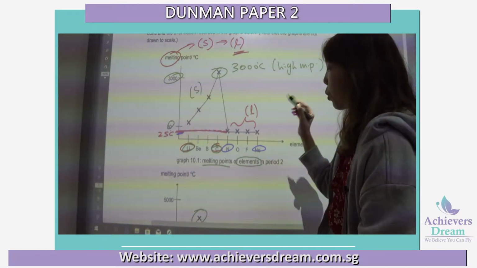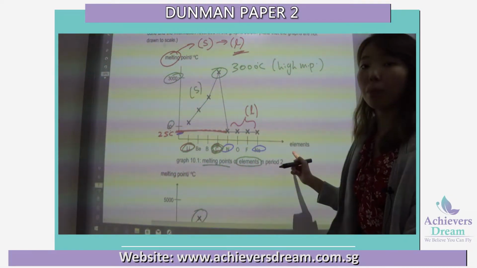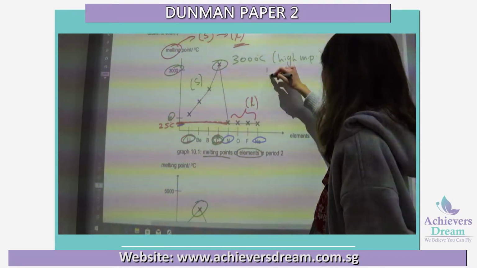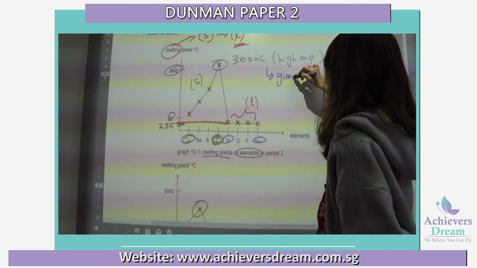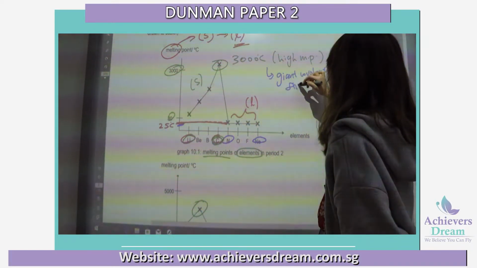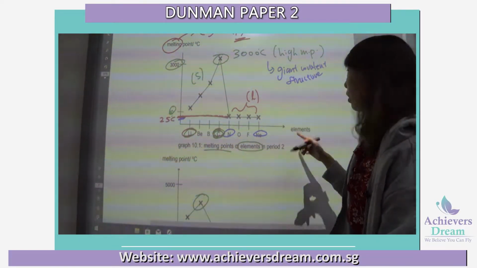Okay, so when it comes to carbon, and it has such a high melting point, what do you immediately link it to? You have to immediately link it to your giant covalent structure. Remember, your giant covalent structure has an extremely high melting and boiling point.